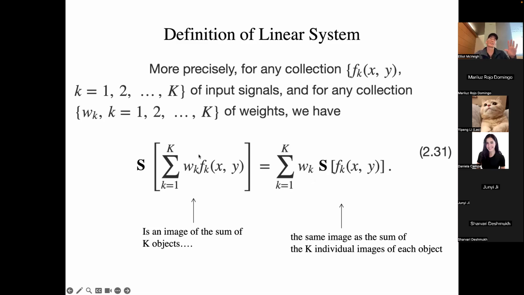If that equals what I get when I sum up the pictures and take a picture with my system, then that system is called linear, right?